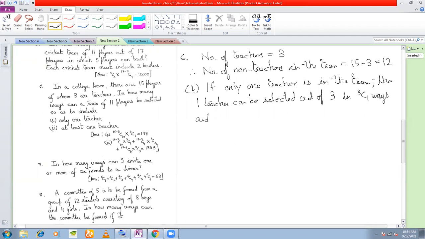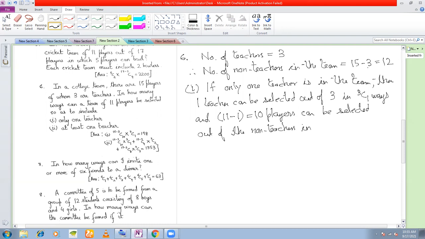And what about the remaining? And how many players do you have to select now? You have to select a team of 11 players. So that means you have to select 11 minus 1 equal to 10 players, right? 10 players can be selected out of the non-teachers.